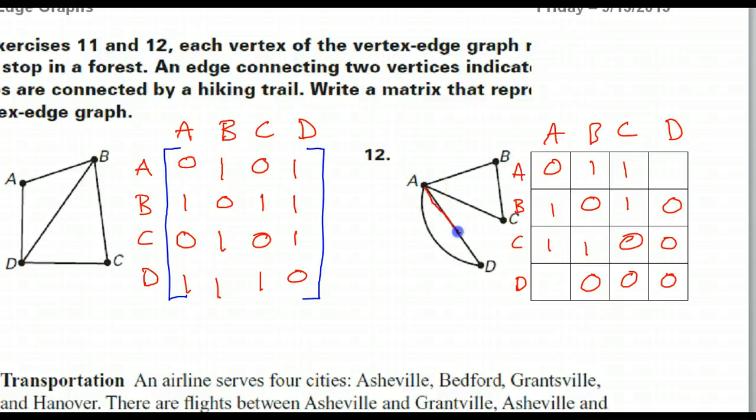We have this one that looks straight here, but then we also have the connection that goes like this. So there are 2 paths between A and D. So on the A and D connection spot, we should put a 2 to reflect that there are 2 paths between A and D. Okay, I almost neglected that.